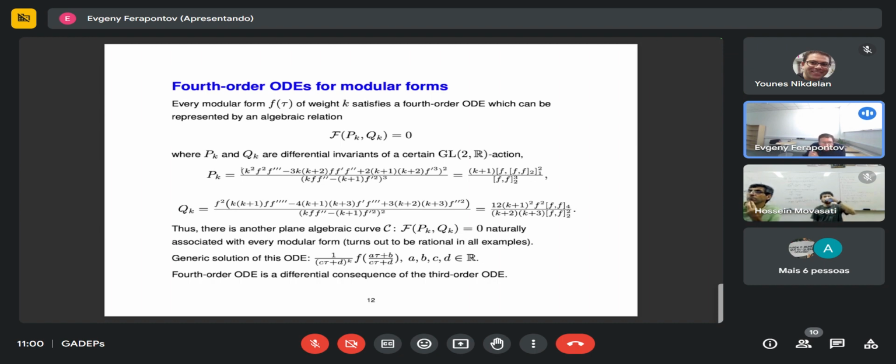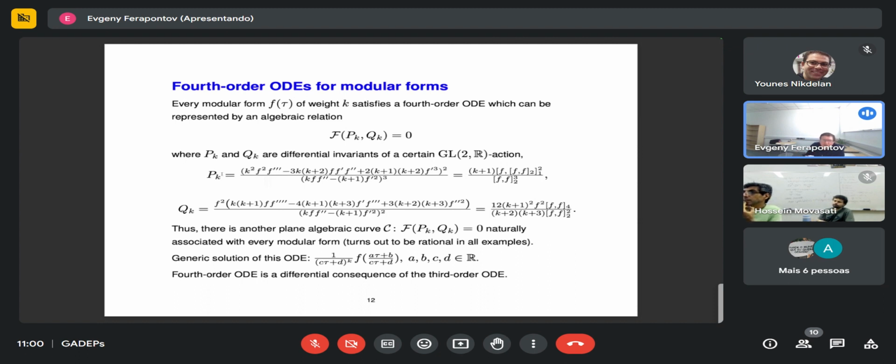For any k, they are modular functions, because here the top is a modular function and the bottom is a modular function. They can be uniquely expressed in terms of Rankin-Cohen brackets, right? Here and here.